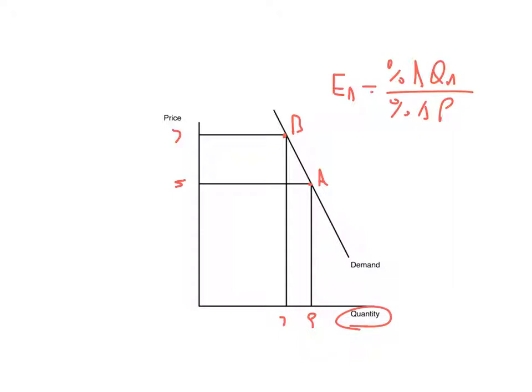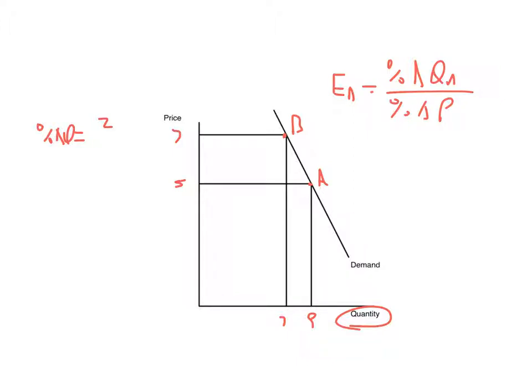So the way we do that is we're going to start with our percent change in quantity demanded. We simply look at the two quantities we have here, 7 and 9, and we know that the difference between the two is 2 units. So the change in quantity is 2 units.